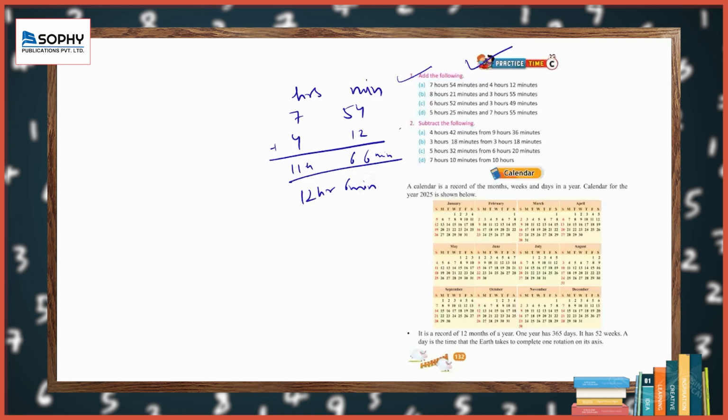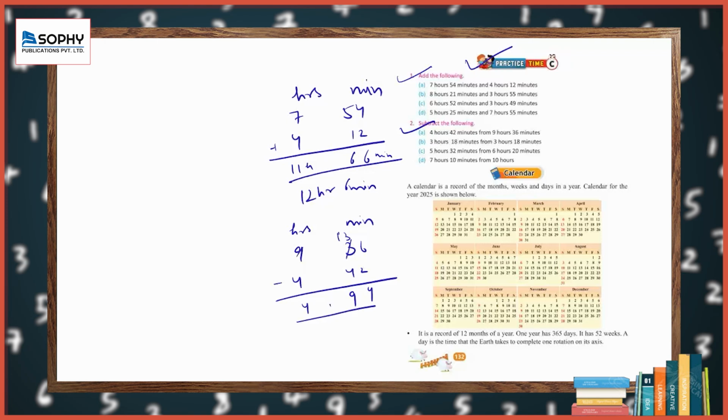In the next one, we have to subtract the following, students. Here is the column of hours, here is the column of minutes. 9 hours 36 minutes minus 4 hours 42 minutes. So this is 6 minus 2 is 4. 13 minus 4 is, very good students, 9. 8 minus 4 is 4, students.